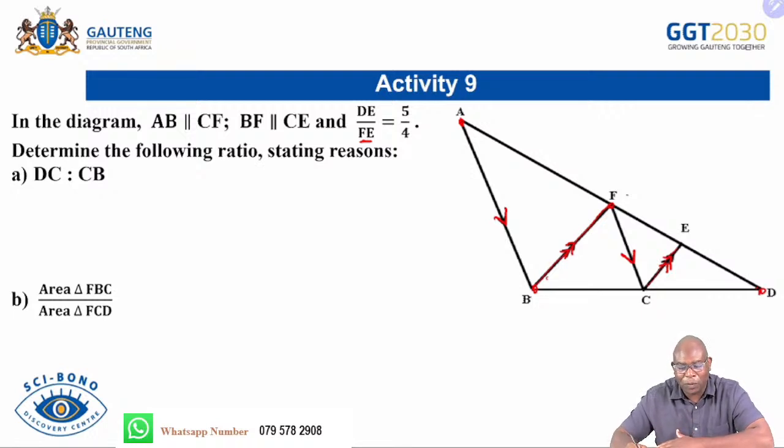It's a ratio. So meaning that DE, let me check DE. Where's DE? DE is this line here. They said the ratio to this is 5 over FE, which is going to be 4. So I'm going to write this one as 5K and 4K, because those are the ratio.